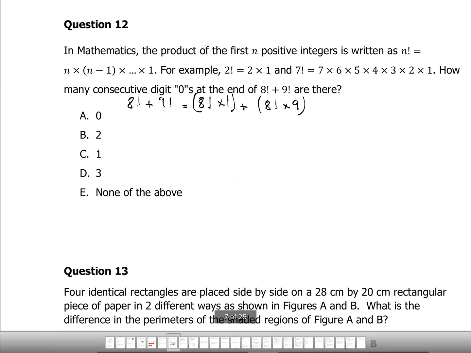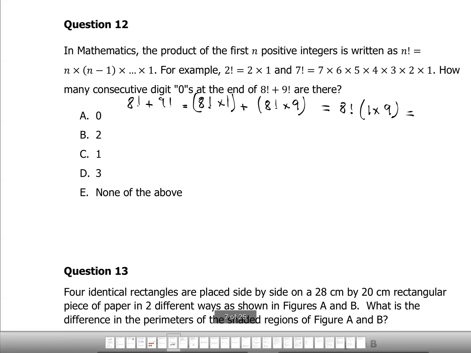So 8 factorial times 9 equals 9 factorial. If we factor that, it equals 8 factorial times 1 times 9, oh, sorry.